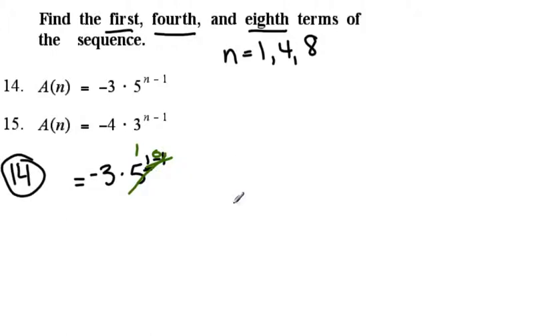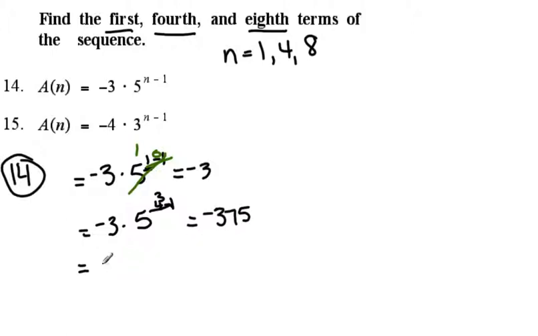So that gives us negative 3. Now, substituting in the 4, we have negative 3 times 5 to the 4 minus 1. 4 minus 1 is 3. Negative 3 times 5 to the third is going to give us negative 375.